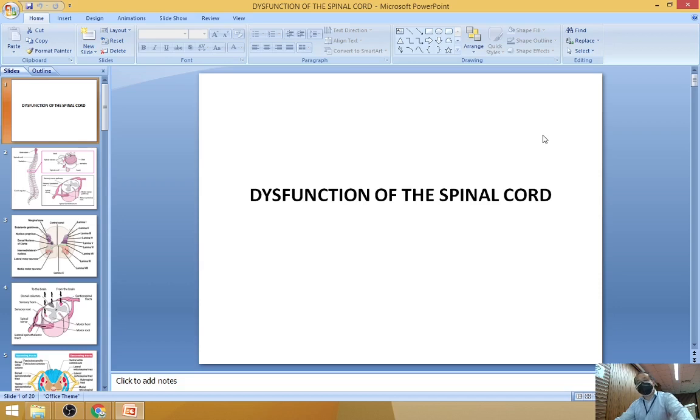Some people consider hemisection as different and cannot be categorized as incomplete cord transection. Incomplete cord transection is considered separate, not the same as hemisection. You will see this kind of opinion varying in different textbooks.